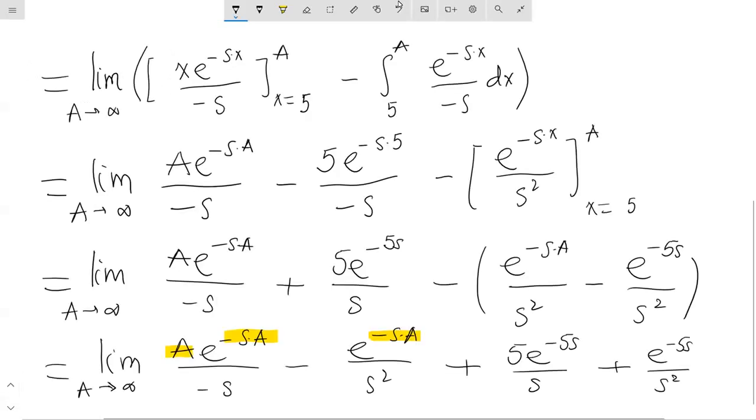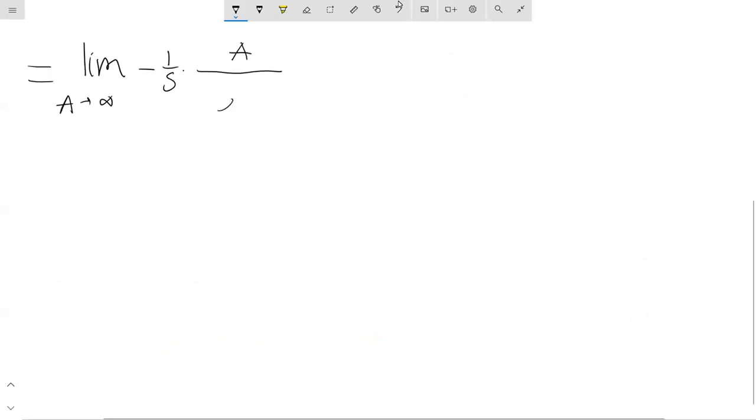Let me rewrite one more time. A goes to infinity, and then we have minus 1 over s, so minus s in the denominator already, and then I'm rewriting this as a fraction: a divided by e to the sa.